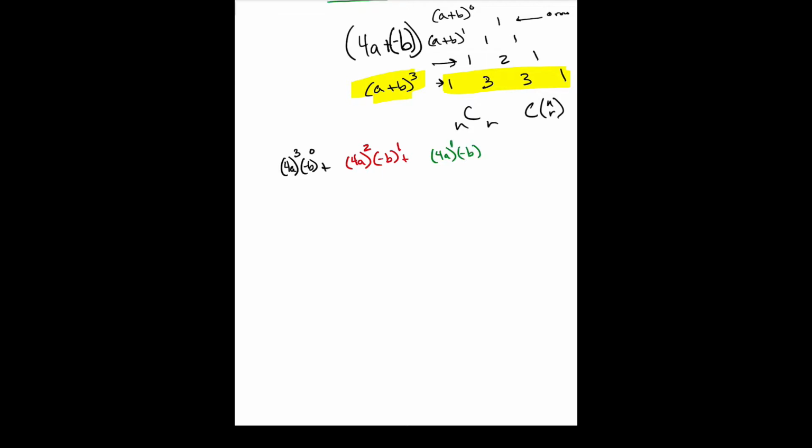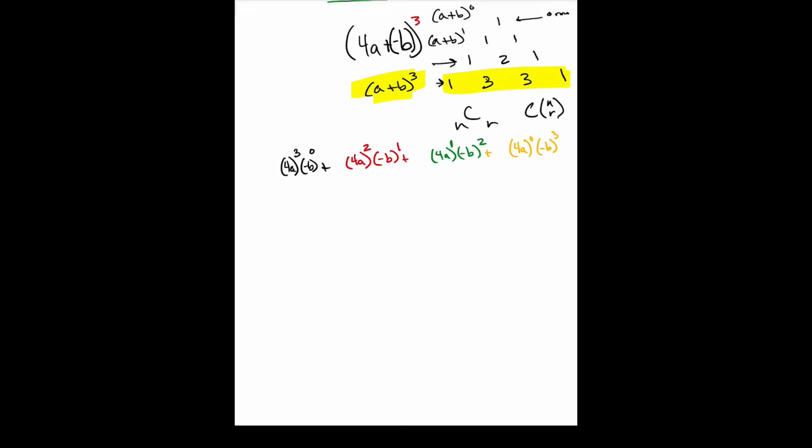Now this time my 4a is raised to the first and my negative b to the second power. And recall that all of my exponents are going to sum to whatever my nth power was for my problem, which was the third power. So all of these exponents should be equal to 3 when I add them together. And then my last term will be 4a raised to the 0 power times negative b cubed.